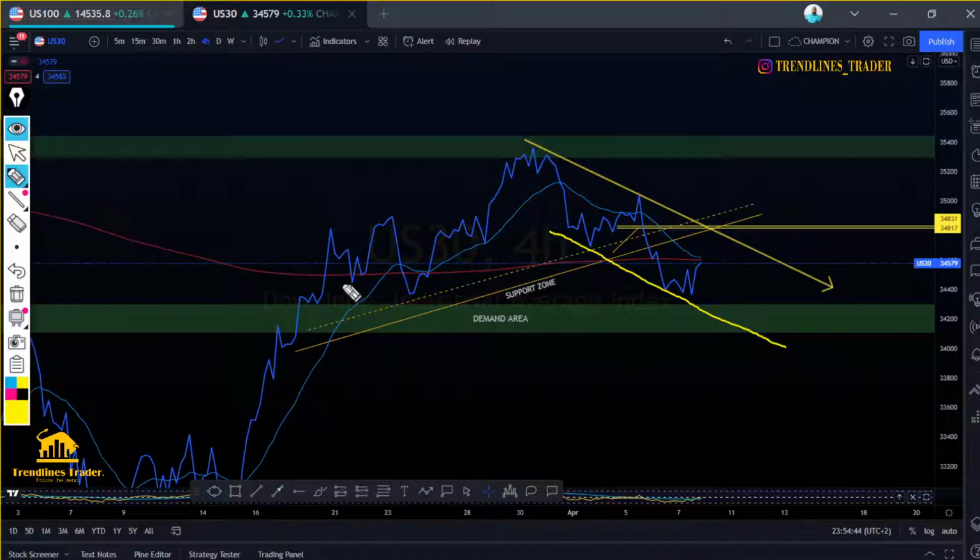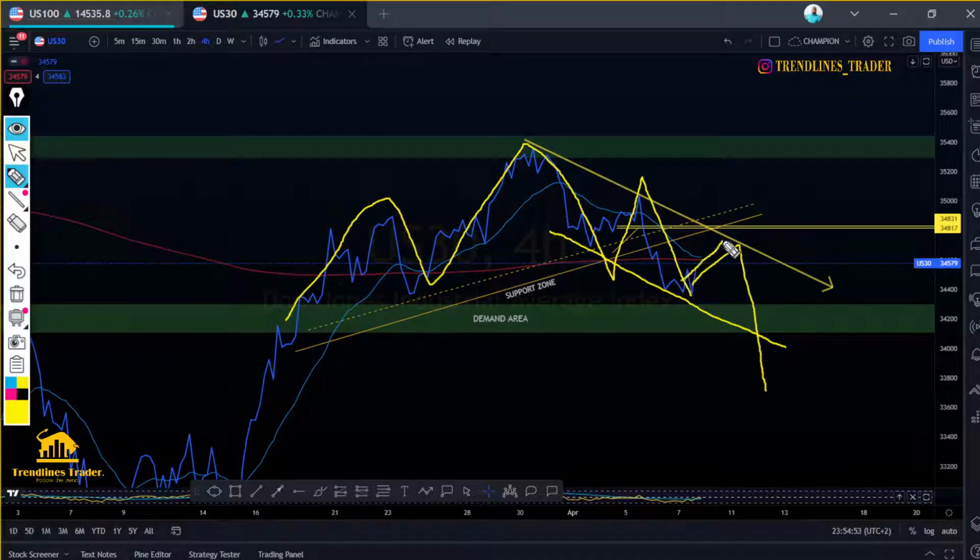As we are at this level, this could be our potential head and shoulders structure. If we witness the price retesting or pushing towards the downside, we just have to wait for the price to break this area, the demand area that I have right here. If the price breaks this area, as you can see, it's consolidating.